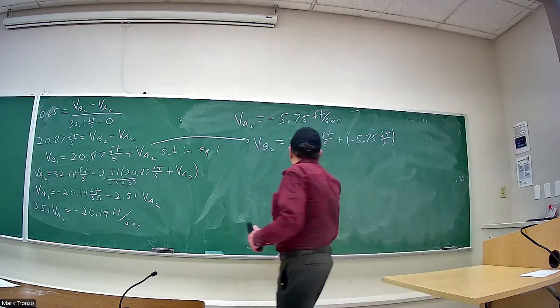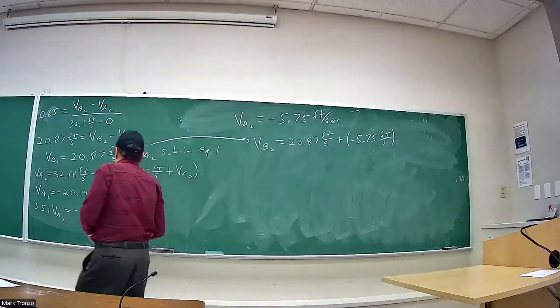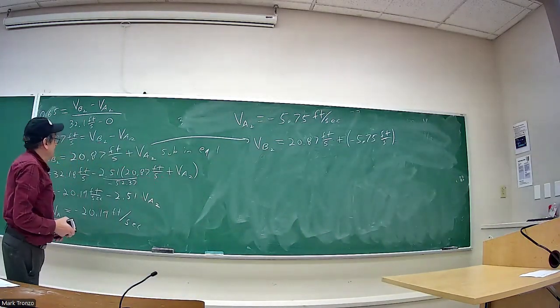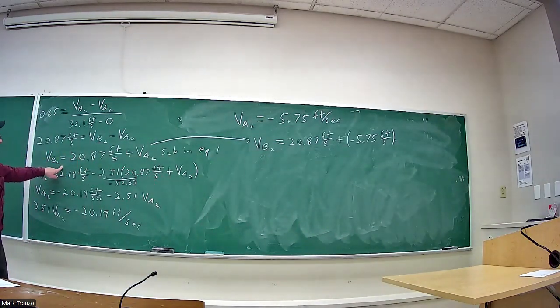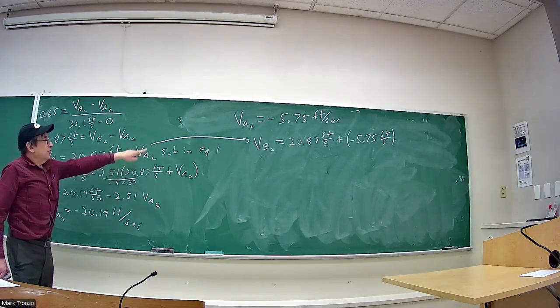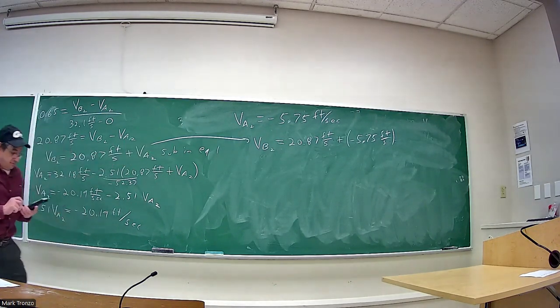All I did was substitute into this equation: 20.87 plus the velocity of A, which is negative.